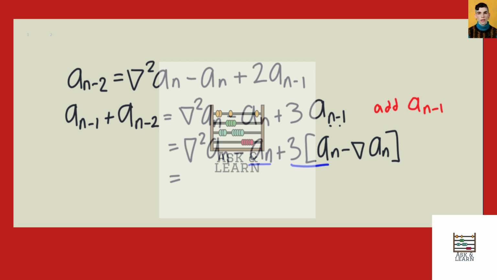And so that'll give us the second difference of a_n plus 2a_n minus 3 times that first difference of a_n.